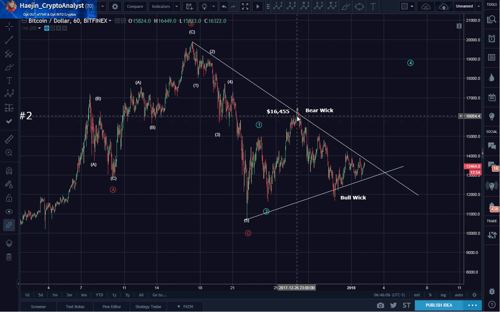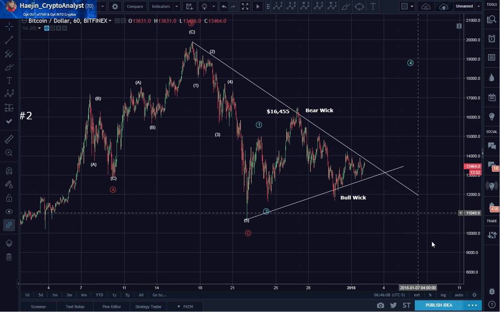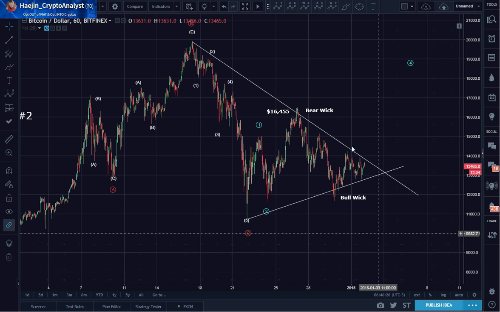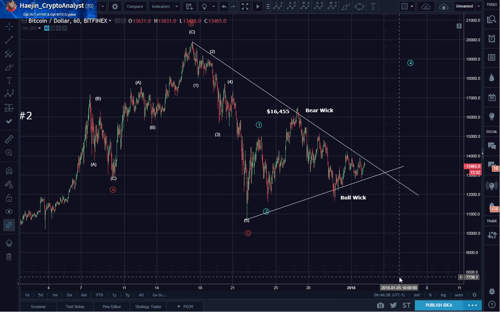And the bear wick here is a way of getting rid of sellers. I'm sorry, getting rid of holders. And it works in the exact opposite of the bullwhick.